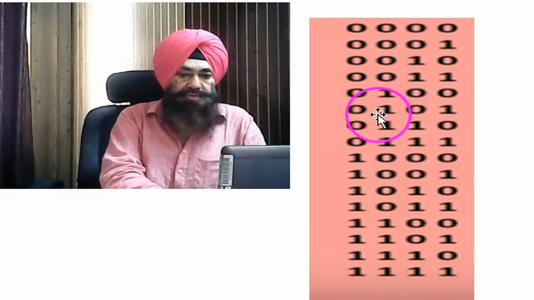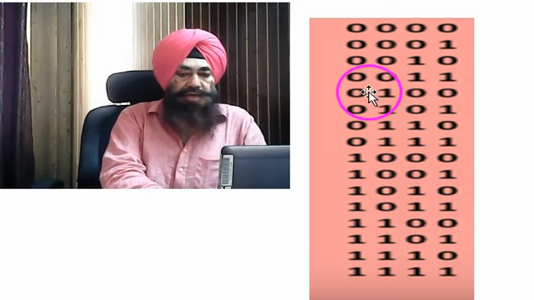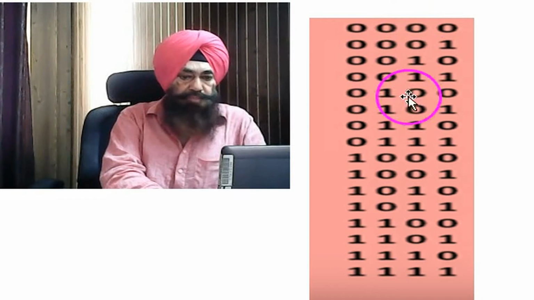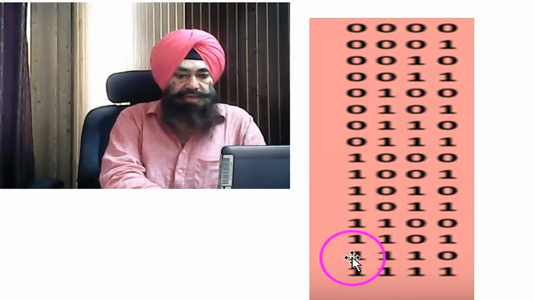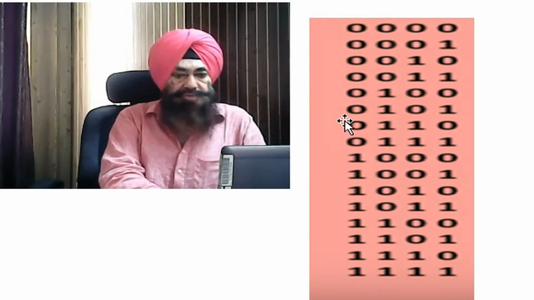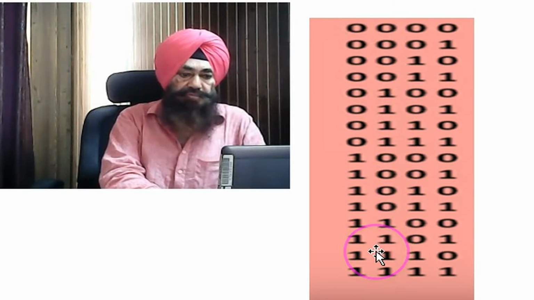Now in this column there are 4 zeros, 4 ones, 4 zeros, 4 ones. Again they are toggling at half the rate of the previous one. And the last one, which is the most significant, has 8 zeros and 8 ones, again toggling at half the rate of the previous one.